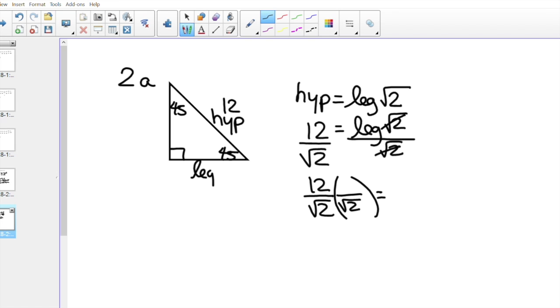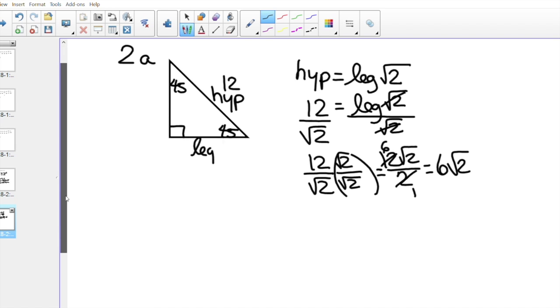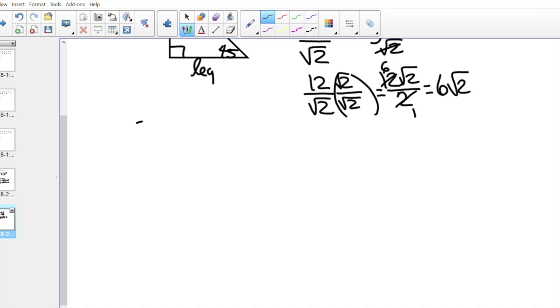The square root of 2 times itself is 2. Now you put on top the square root of 2, so that's 12 times the square root of 2, which means the 2 here and the 12 will cancel, and the answer is 6 times the square root of 2. Now that's 2A.